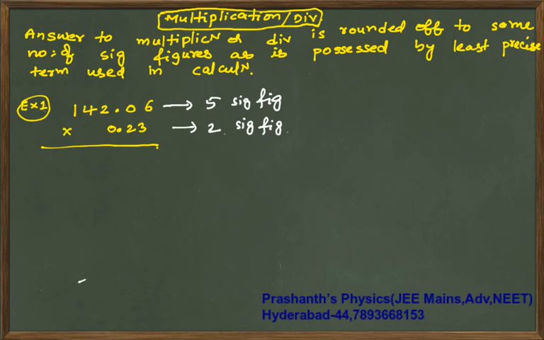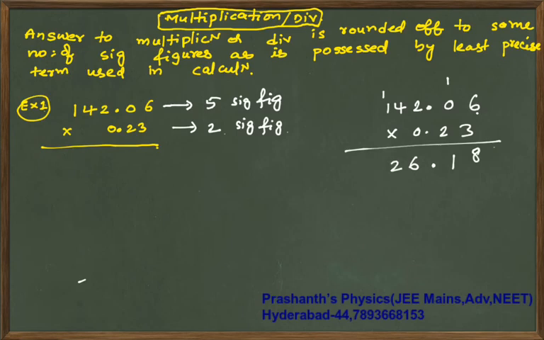So come on, first multiply it. Do the multiplication. 142.06 into 0.23 if you do, 3 6s are 18, 3 zeros are 0, 3 2s are 6, 3 4s are 12, 3 1s are 3, 3 plus 1 is 4. So I have multiplied with 3. Next, you don't need to keep the decimal sign. In the end, we'll keep totally 4 decimals. 42618 I will write.